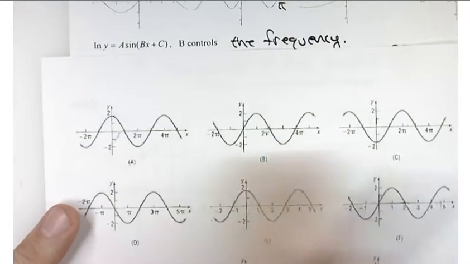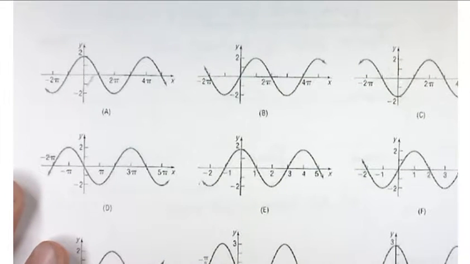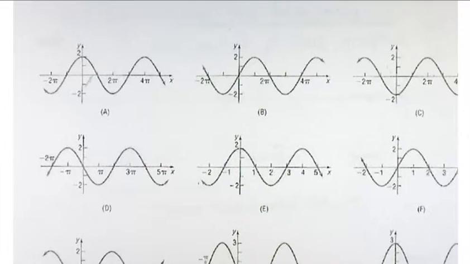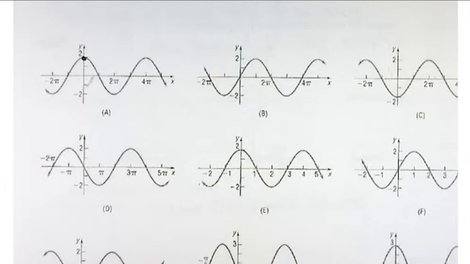So let's first of all go across the top row and determine a few things about these functions. First thing we want to determine is, are we looking at a sine function or a cosine function? So let's start with the first one. It's a cosine function. Why is it a cosine function? Doesn't start at 0.